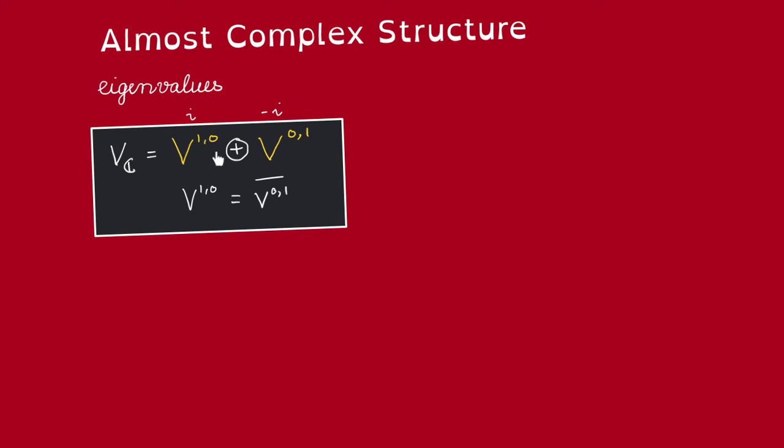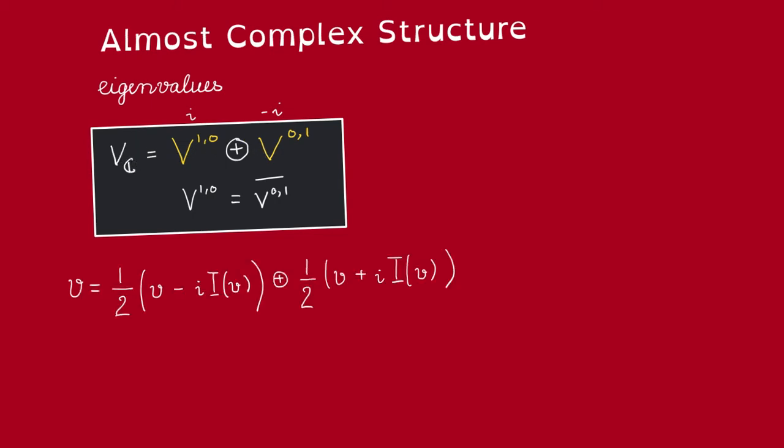Now let's see why they actually span this complexification. That is because every vector v in this complexification can be written as the following sum. And this part lies in the eigenspace corresponding to the eigenvalue i, whereas this part lies in the eigenspace corresponding to the eigenvalue minus i. You can check that by directly applying this linear operator.